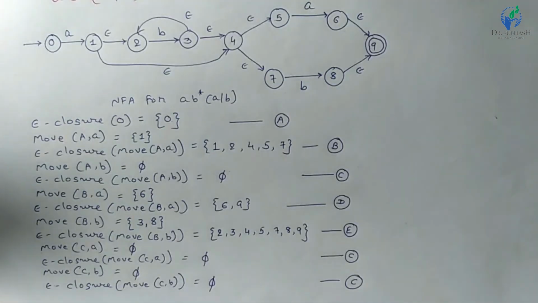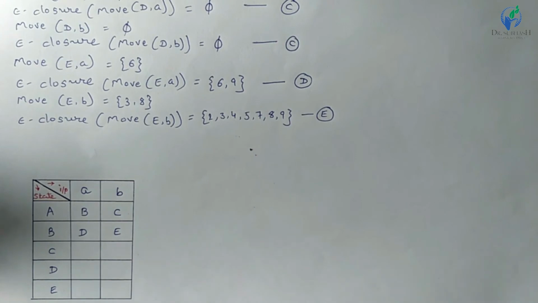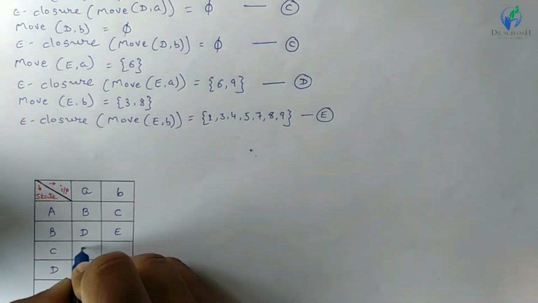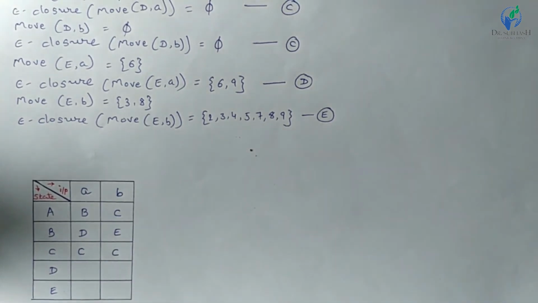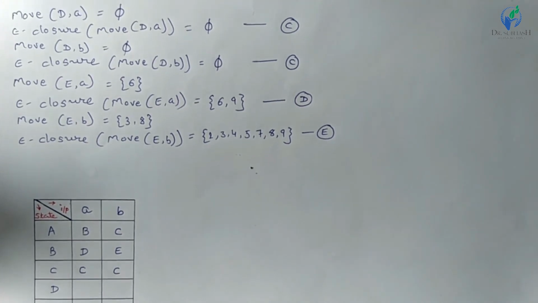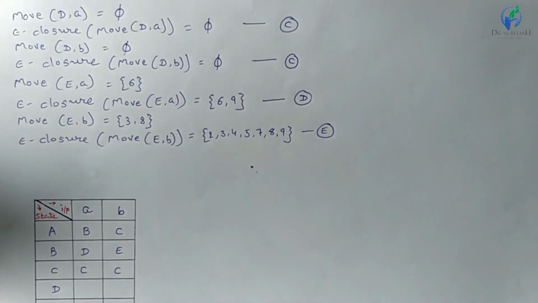Move C to A is C, and move C to B is also C. So the entries are C to A, C, and C to B, C. Now for move D to A, it's also a C state.